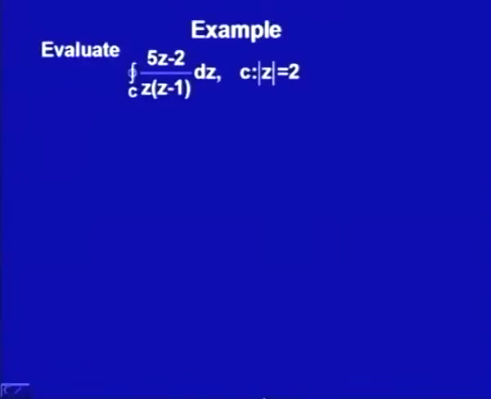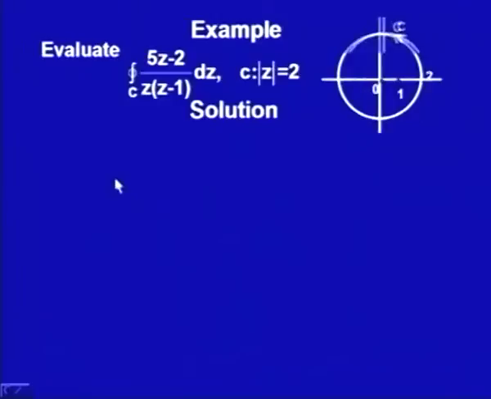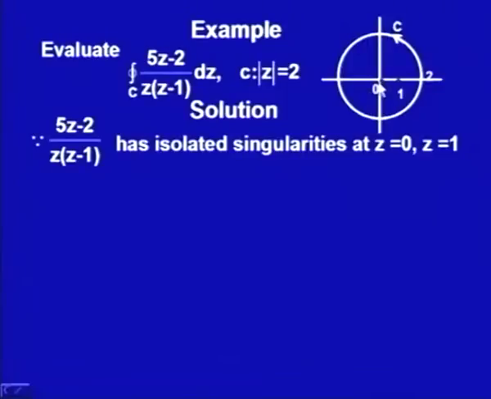So, we have the same example, that is, evaluate this integral along the circle of radius 2 centered at 0. We know that the function is the same, and it has isolated singularities at 0 and 1. So, using the residue theorem, I have to find the residue of the function 5z minus 2 upon z into z minus 1 at z equal to 0 and z equal to 1.